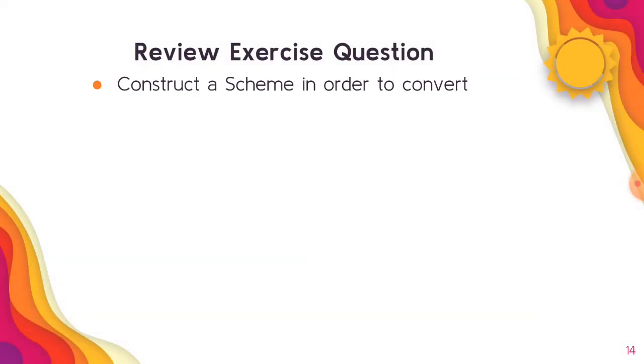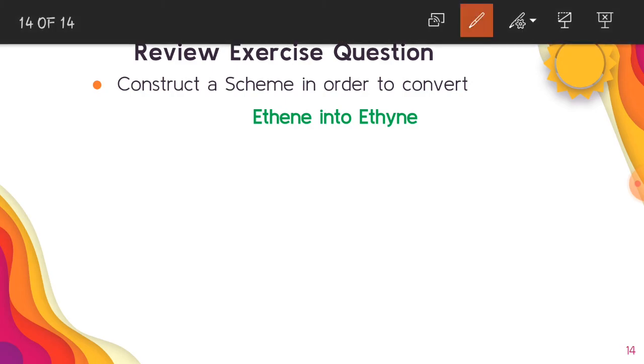Now let's do a review exercise question. Construct a scheme in order to convert ethene into ethyne. In today's lecture you read about the preparation of ethyne, and we read that ethyne may be prepared either by the dehydrohalogenation of vicinal dihalides or by the dehalogenation of tetrahalides.